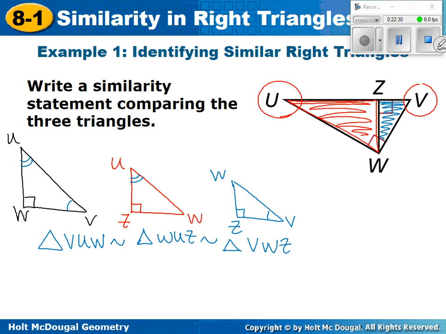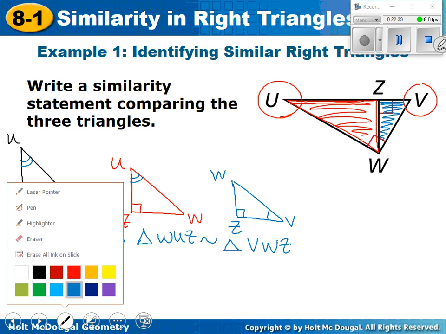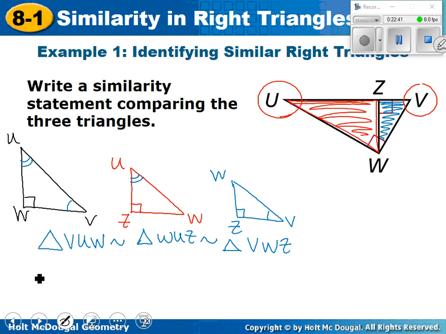So did anybody name their black triangle something different than VUW? Go ahead, Tate. Okay, so I'm going to rewrite it to show Tate what his should look like. So you said triangle UWV. So UWV should match up with UZW, which should be similar to triangle WZV.